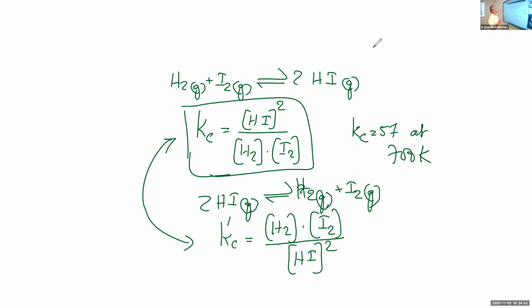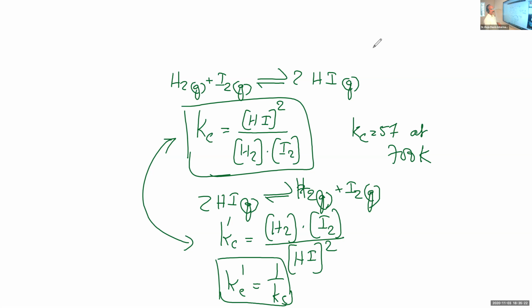Say the relation is this: K dash is equal to 1 by Kc. Is it not? When the reaction is reversed, the equilibrium constant will be the inverse, the reciprocal, of the former one.